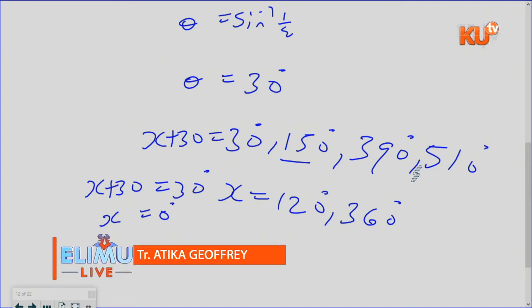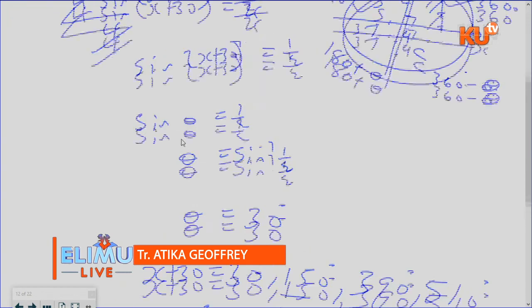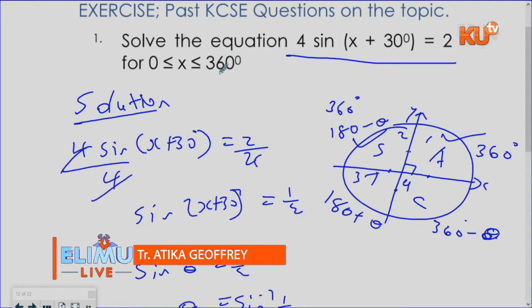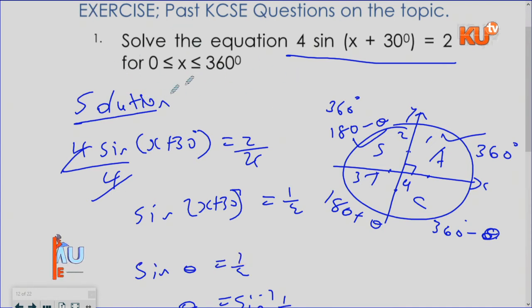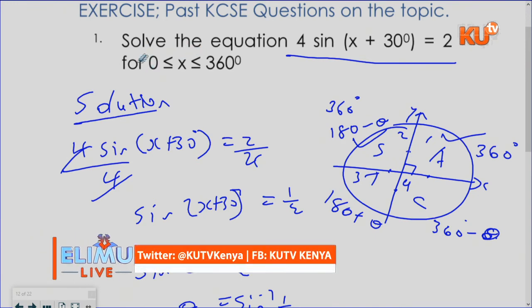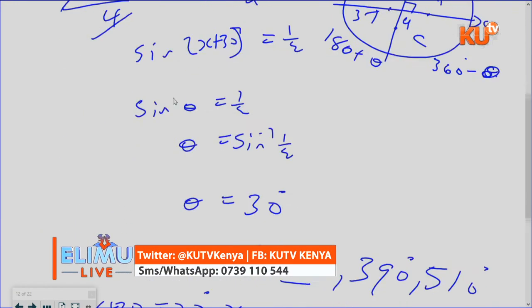If I was to continue with this 510, 510 minus 30 will give us 480. But 480, Lana, is not within the range given. So 480 degrees cannot be the answer for this question, because we are working within the range from 0 degrees to 360 degrees.